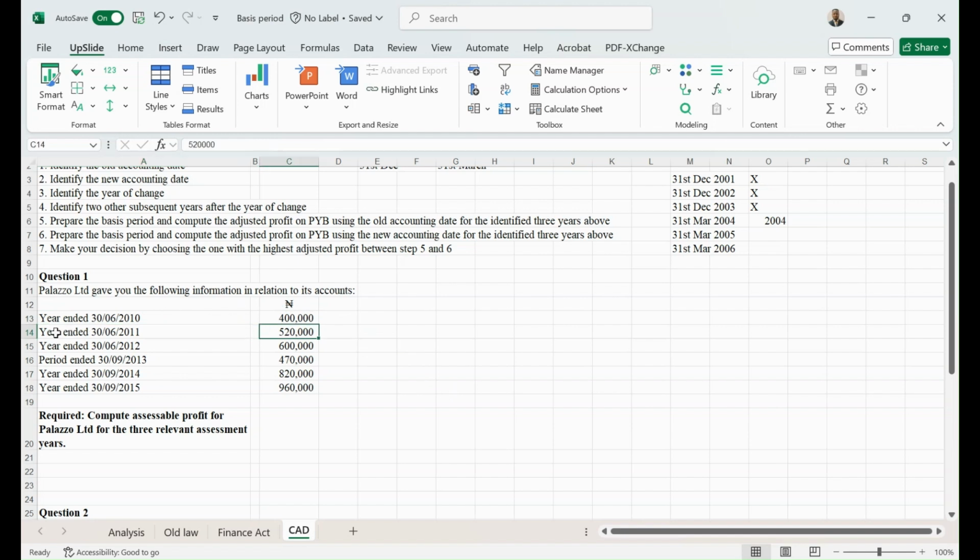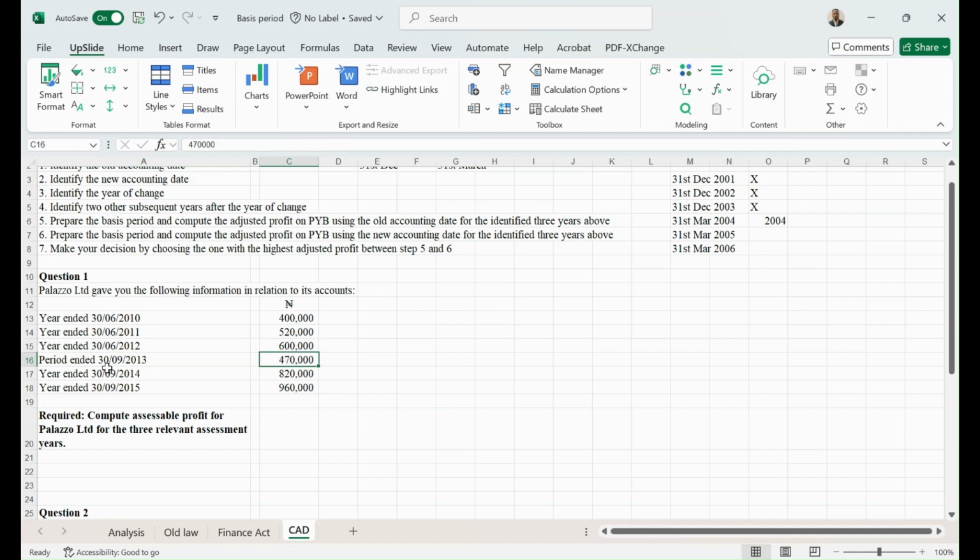Remember that year ended means a period of 12 months, all inclusive. So year ended 30th of June 2011, 520,000. Year ended 30th of June 2012, 600,000. Then period ended 30th September 2013, 470,000.